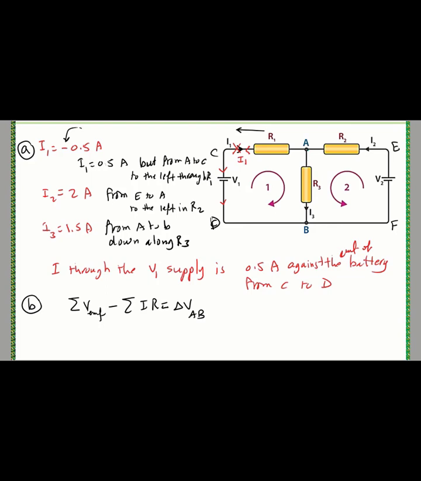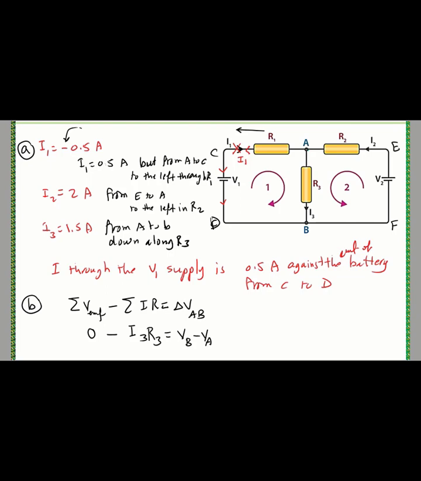Now, from A to B, there is no EMF, so minus. The current from A to B is I3, and I am going from A to B, so it is positive, times R3 equals VB minus VA.